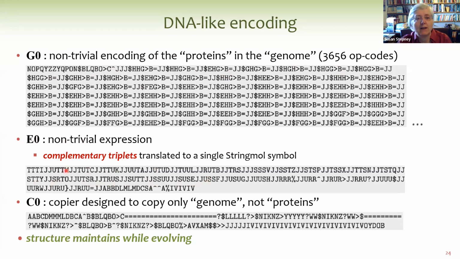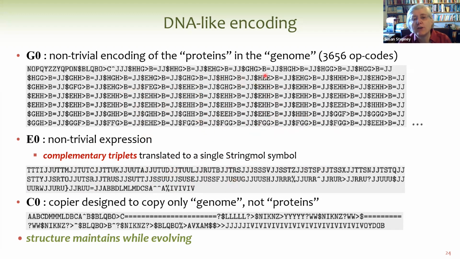So the expressed machine looks like this. That's hiding inside this very long genome. And taking the inspiration from DNA, there are complementary triplets in here, which are translated by other information in here into a single Stringmol.